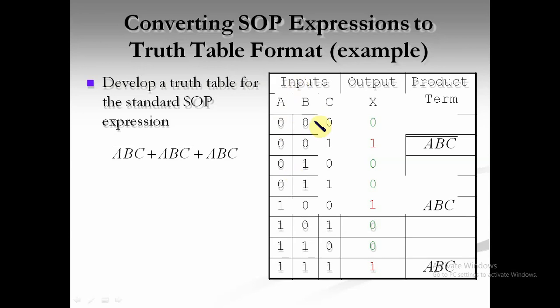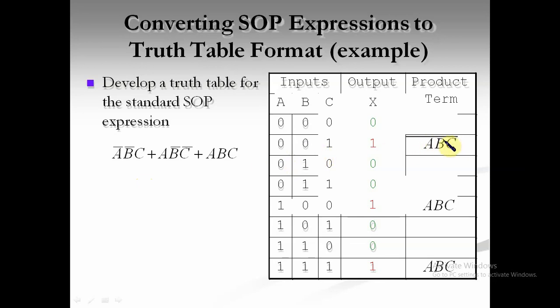These are the inputs A, B, C. In SOP, the bar will be identified as 0, and without bar it is identified as 1. Hence, A bar B bar C means A bar is 0, B bar is 0, C is 1. Hence, these terms will be present.